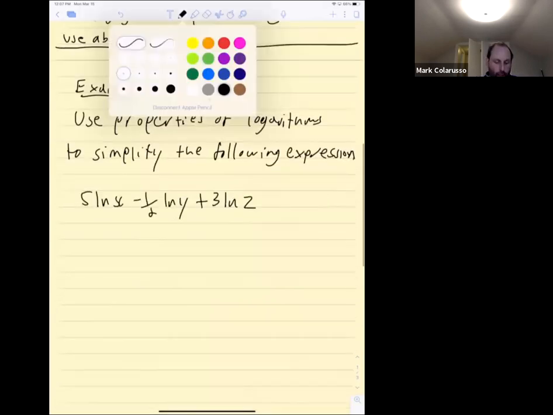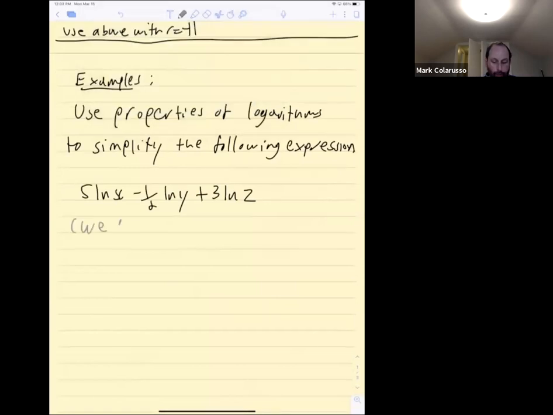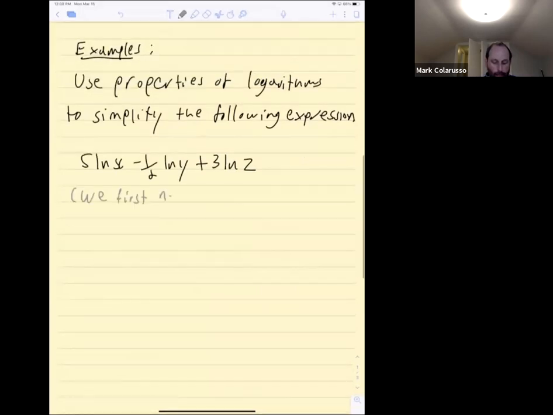So we first need to use the property r ln a is ln a to the r.